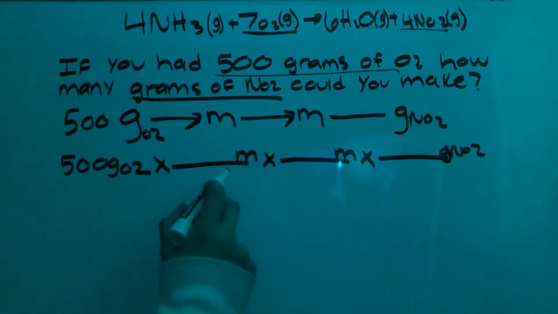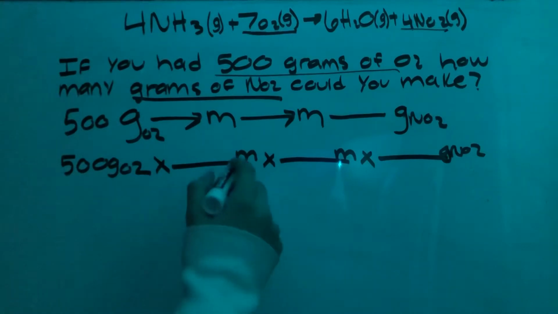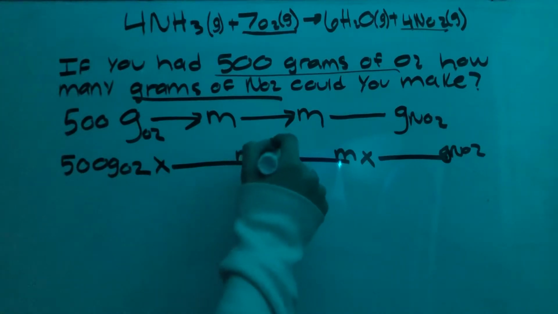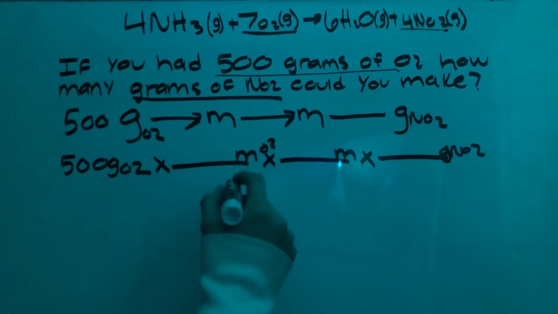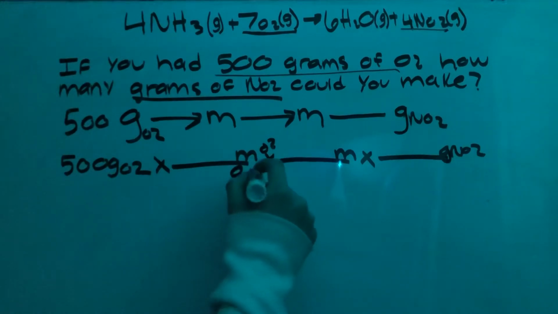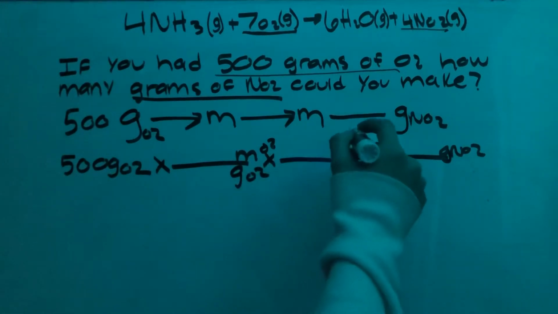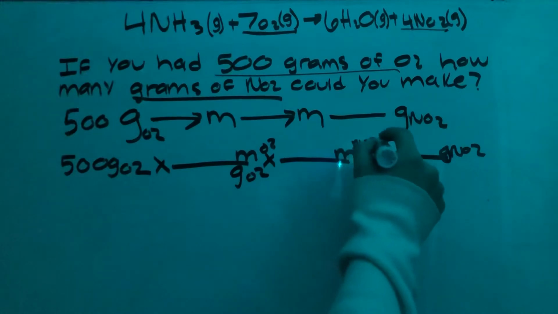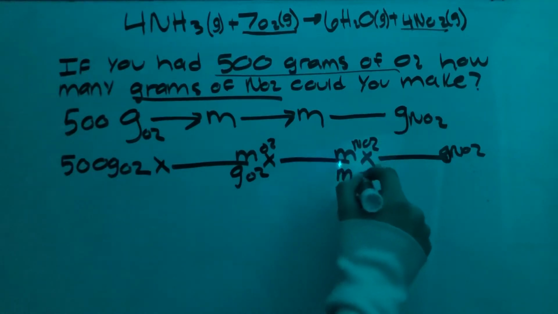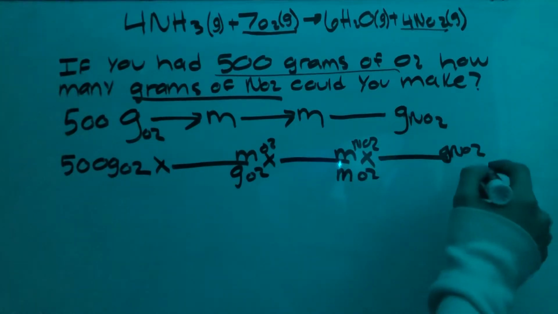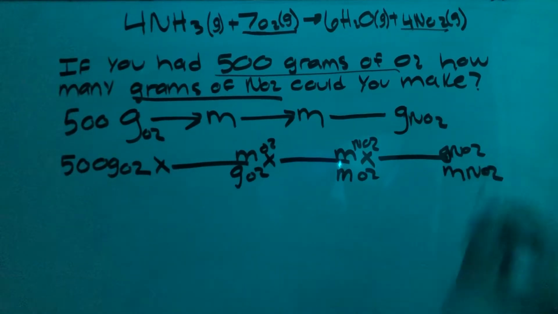Then I'm going to be filling in the bottom parts of the equation. So I know that this is moles of O2, and that means that the bottom will be grams of O2. This is moles of NO2, so the bottom will be moles of O2. And then grams of NO2, that just means moles of NO2 on the bottom.